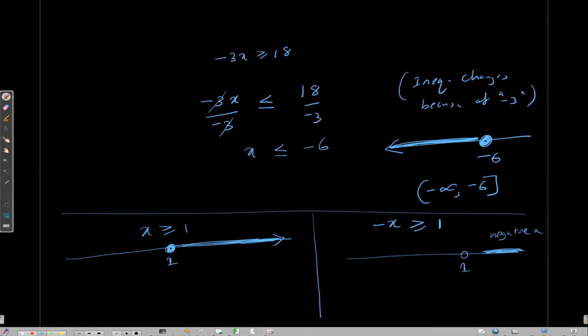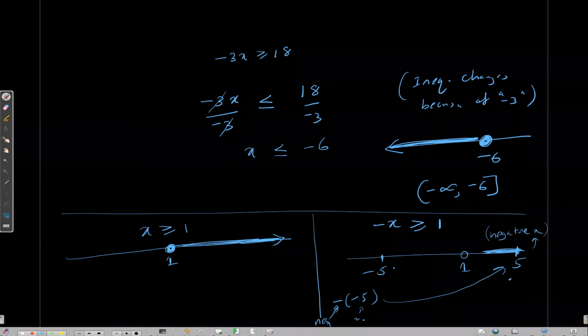For example, 5. 5 is a possibility for negative x. So what is x then? If my negative x is 5, x has to be over here, -5, right? Because negative times -5 becomes positive. That's one easy way of explaining it.